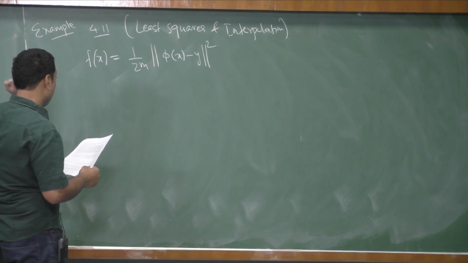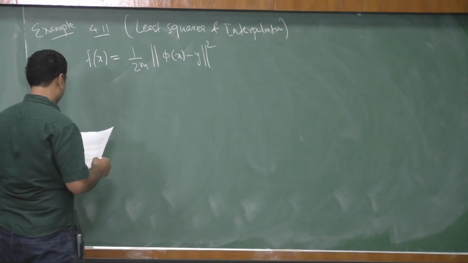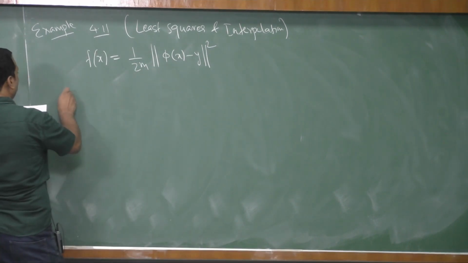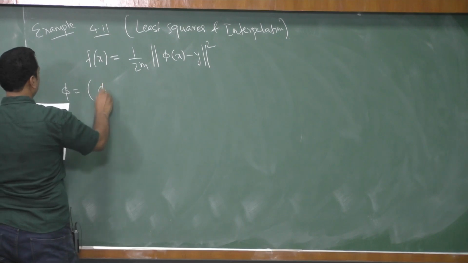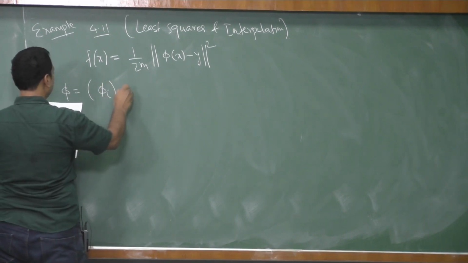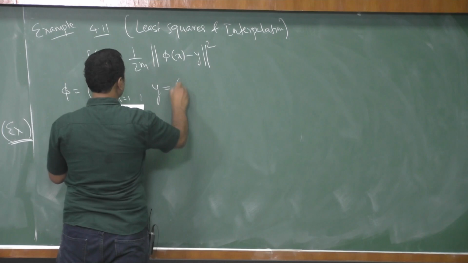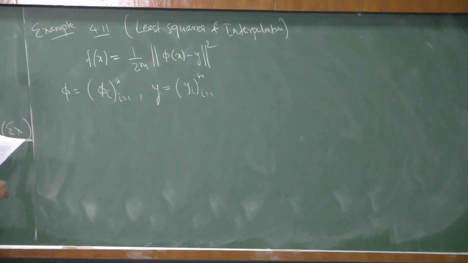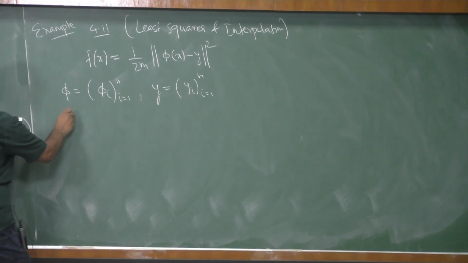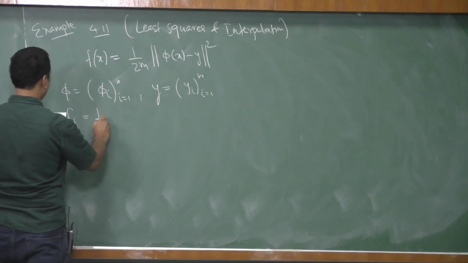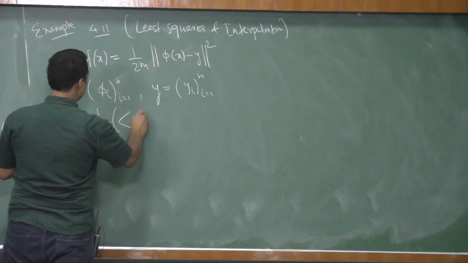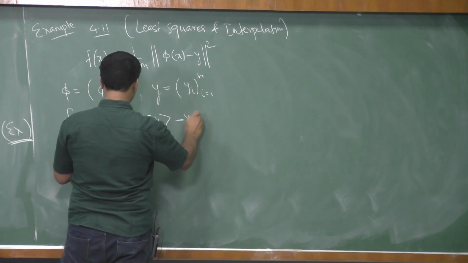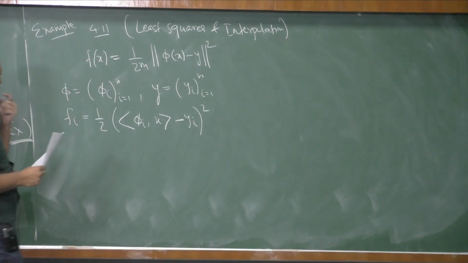So I can write this as follows. Here phi could be seen as phi_i, i equal 1 to n, and y could be seen as y_i, i equal 1 to n. And in this case, the f_i's will be half of (phi_i x minus y_i) squared.